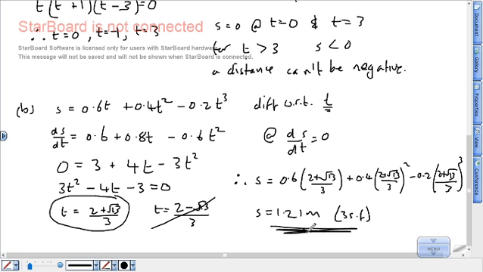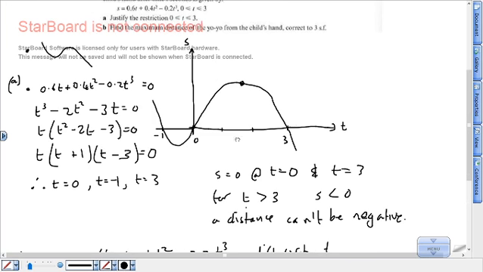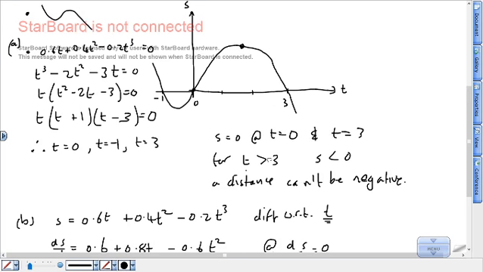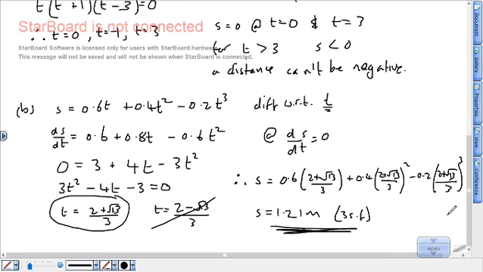Okay, so that's the greatest height the yo-yo goes above his or her hand. So there it is. That's using maximum and minimum values.